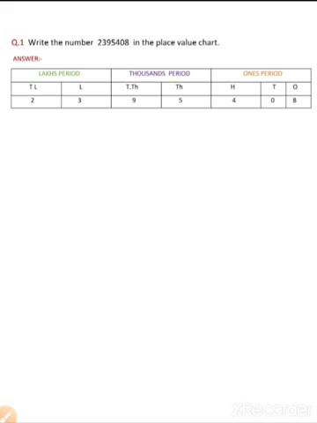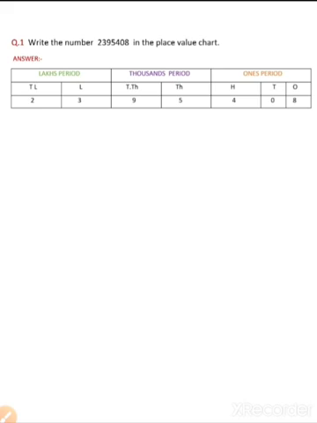You can see the first digit at the right is 8. So we have written 8 in the ones period's ones column. Now next digit is 0. So we have written 0 in the next column, that is for tens. Next digit is 4 and that is written in the hundreds column. Next digit 5 is written in the thousands period and in the thousands column.